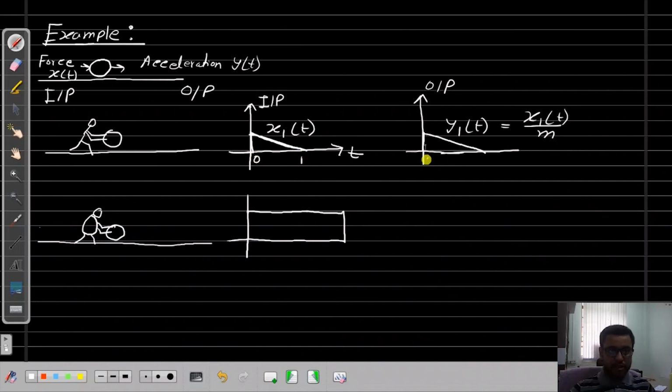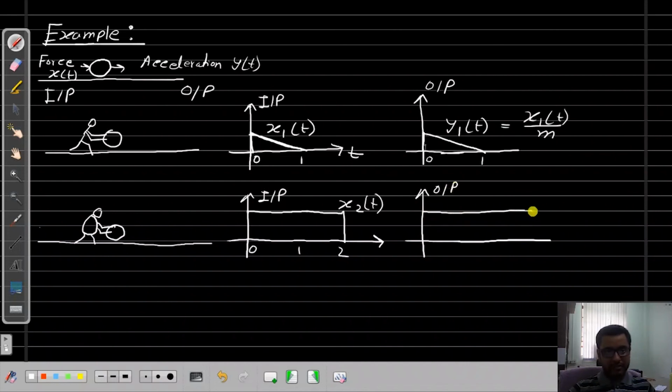Call it 0, 1, 2. This is input, call it x2(t). Then the way the object will move, the acceleration will also look like this: 0, 1, 2. Call it y2(t), which will be the same as x2(t) divided by the mass.